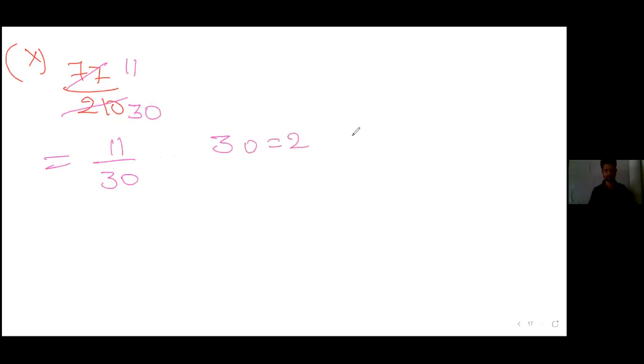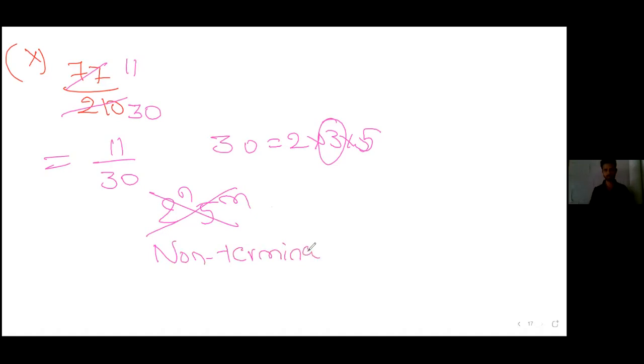This can be written as 2 into 3 into 5. There is 3 here. We get 3 factors. So this is not of the form 2 to the power n into 5 to the power m. So we can clearly say that it is non-terminating decimal expansion. Clear? Yes, good.